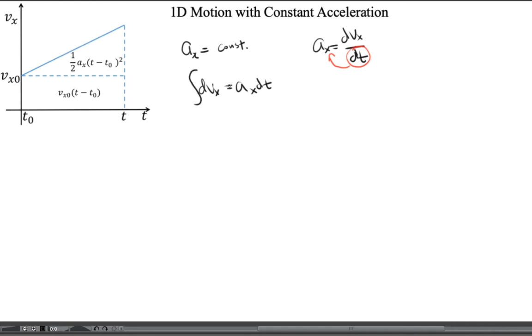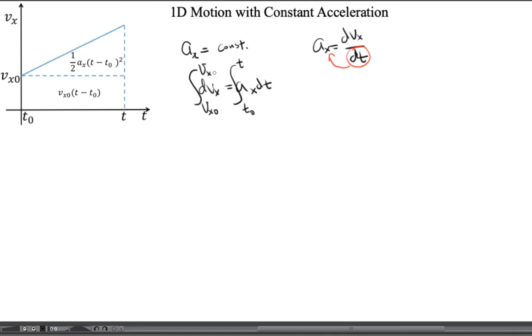Now let's integrate this differential equation on both sides. We start from t naught here for the initial time, and we integrate to a time instant t. Correspondingly in the velocity integration, we have an initial velocity vx naught at instant t naught, and we want to integrate to some unknown velocity vx.